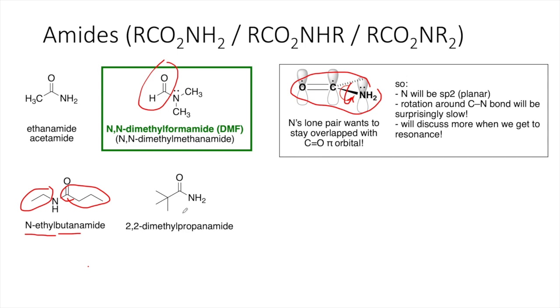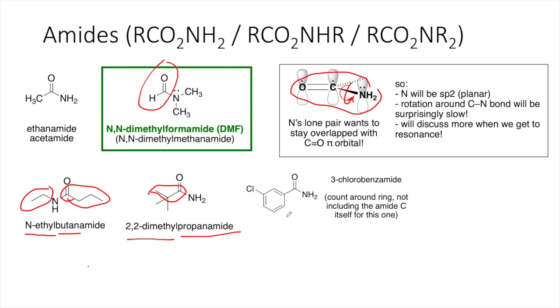We could name this as an acid derivative, but the common name for the acid is kind of hard to remember, pivaloyl, whatever. So we're going to name this IUPAC style. It's a 3-carbon carboxylic acid derivative, so that's a propanamide. And then remember, the acid carbon is always carbon 1. So this is 2,2-dimethyl because there are 2 methyls on there. And again, the 2 tells us that the dimethyl isn't on nitrogen this time, it's on carbon number 2.